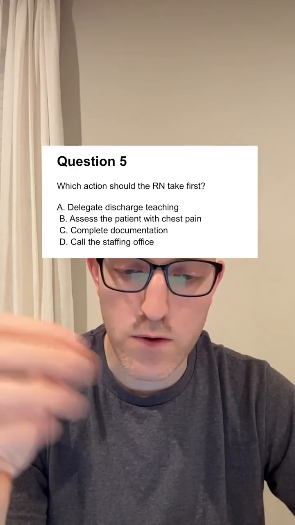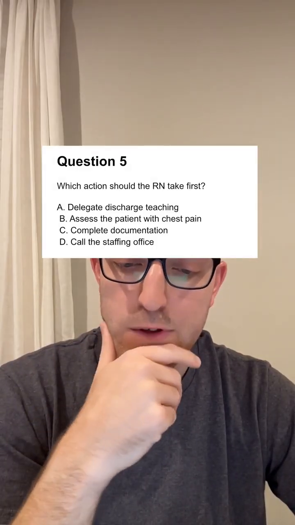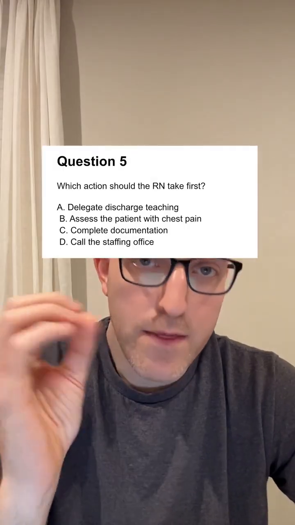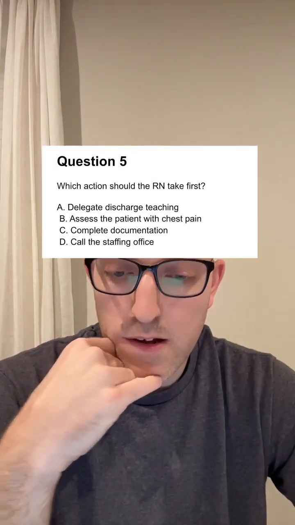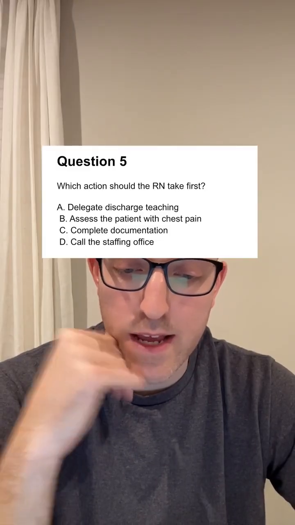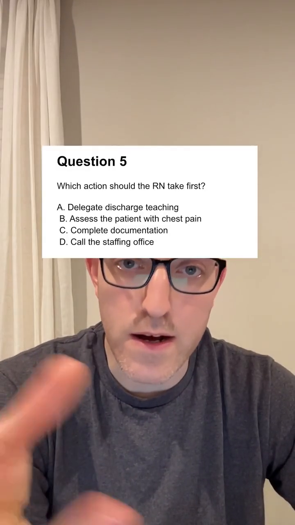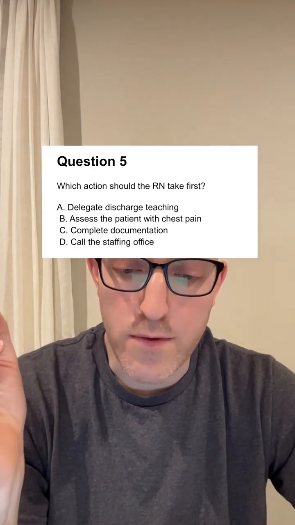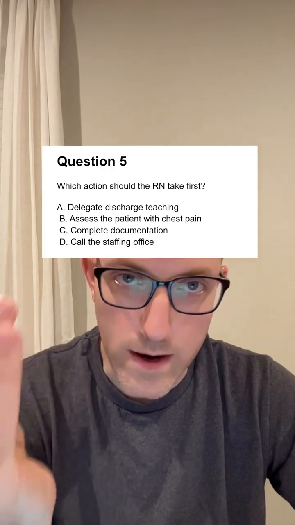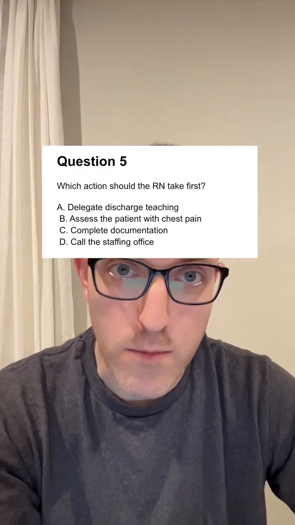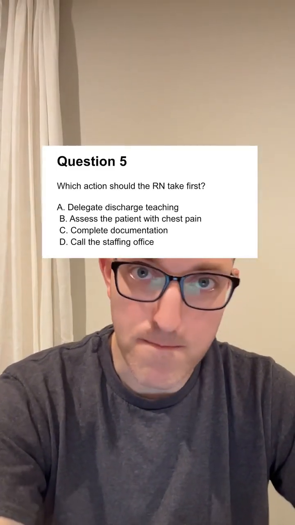You need to take care of any potentially life-threatening conditions. Those are always going to take precedence. The others, A, C, and D, delay assessment of the unstable patient. So that's the one where we are going to take action, because you don't chart emergencies, you assess them.